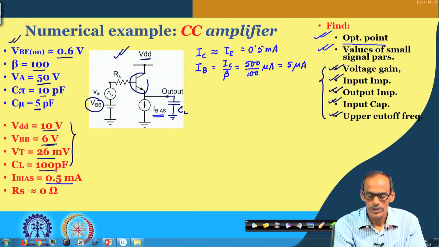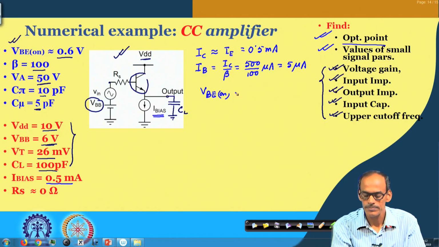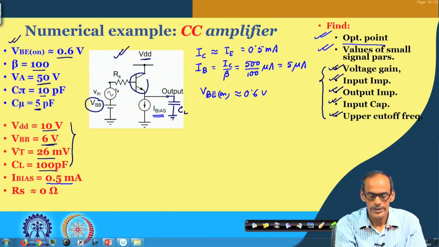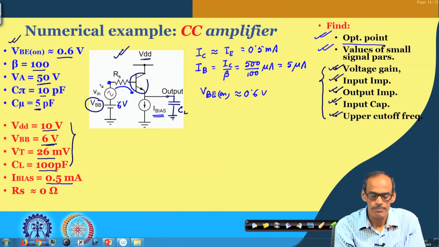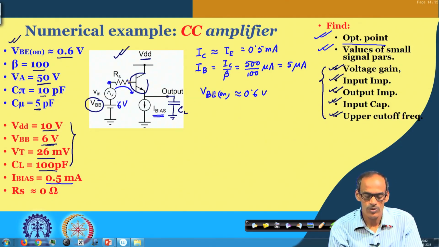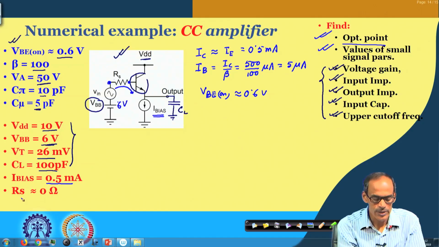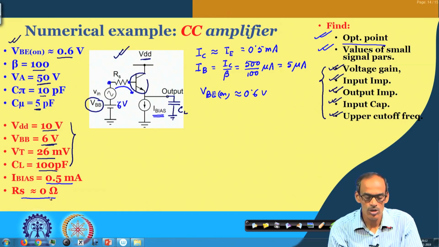Then VBE is given to us, approximately 0.6 volt. Now, current is flowing through this transistor, and we have 6 volt DC coming to the terminal here. If I consider the drop across the resistance RS, that gives us the base voltage. For this case, let us consider the source resistance is very small.